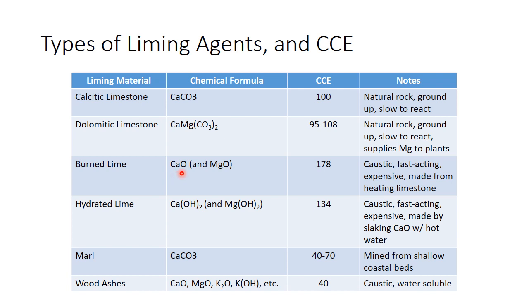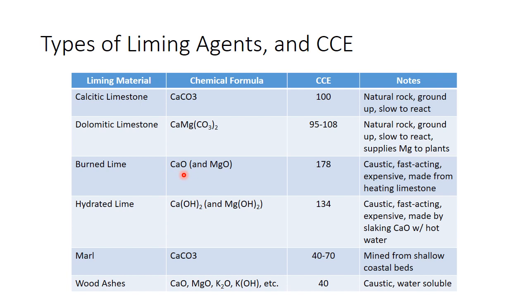Now, 1 mole of calcium oxide will neutralize 2 moles of acidity. Same as calcium carbonate, 1 mole of calcium carbonate will neutralize 2 moles of acidity. But because calcium oxide has a lower molecular weight, that means that if we have 1 gram of calcium oxide versus 1 gram of carbonate, we're going to have more moles of calcium oxide.